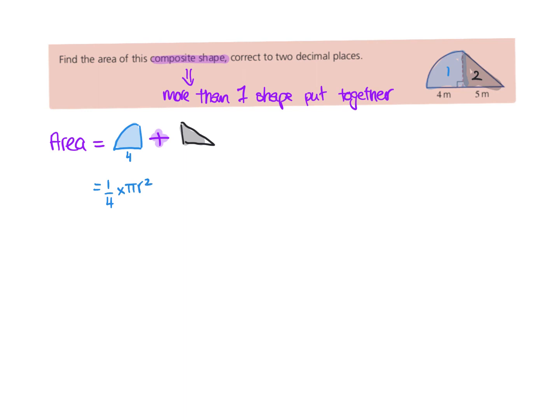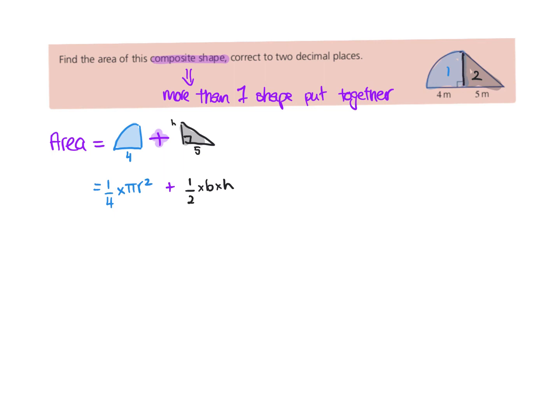Then I'll plus, and I've got a right angle triangle here, which I know if I look up my formulas, is a half times base times height. I'm going to call this the base along there, and this one is the height along here.